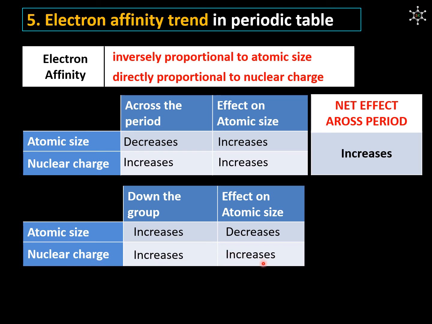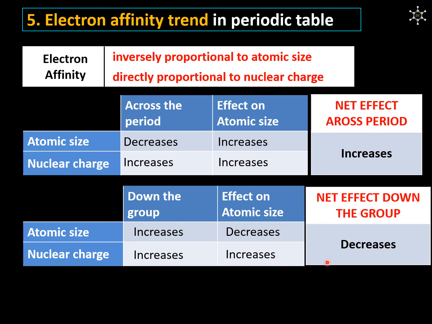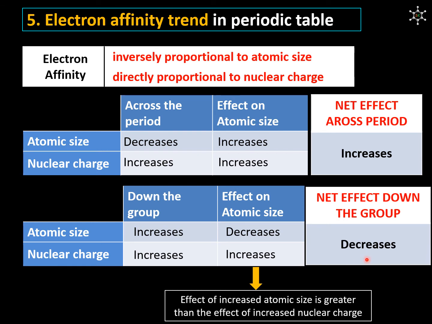What happens to electron affinity down the group is the resultant of these two, and it is observed that electron affinity down the group decreases, because down the group the effect of increased atomic size is greater than the effect of increased nuclear charge. Down the group, the electron affinity value decreases, meaning it becomes less and less negative.